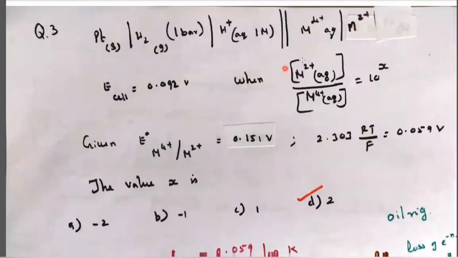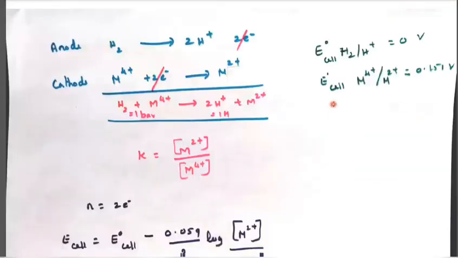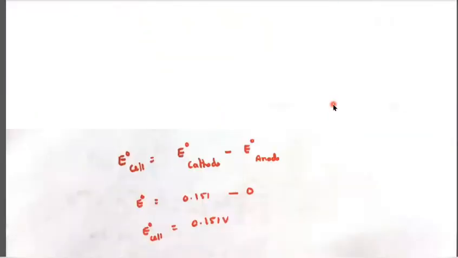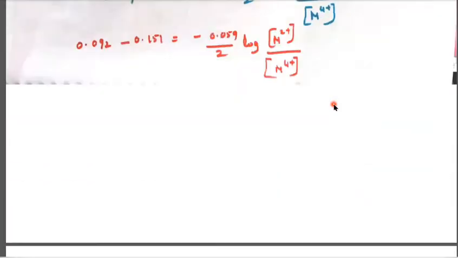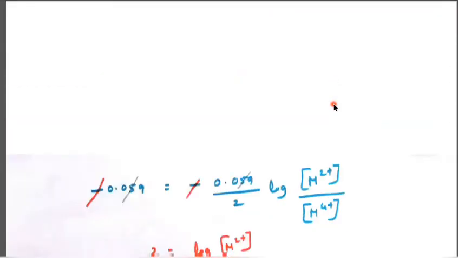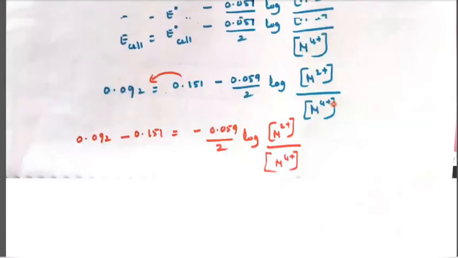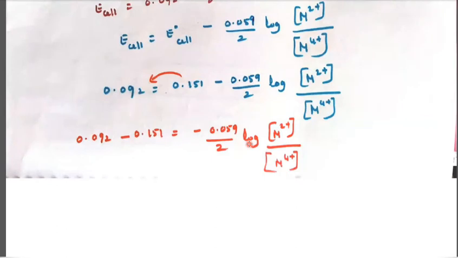In the question, they asked you to find out M2+ aqueous by M4+ aqueous. So this is M2+ and M4+ with a log value, so it is not easy to separate it.